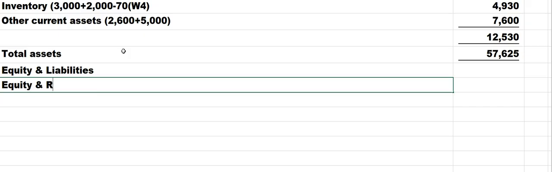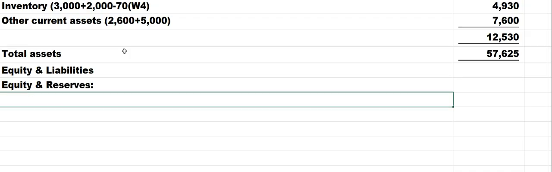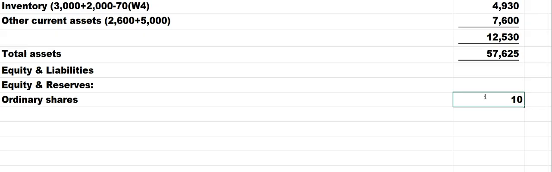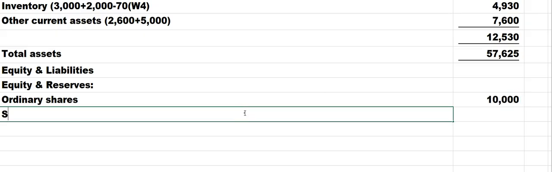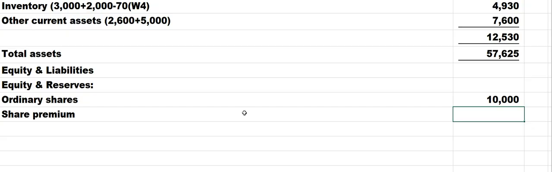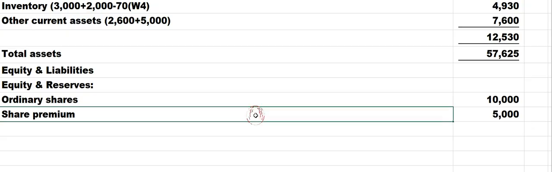Equity and reserves. Here we have the ordinary shares. We take that of the parent company, that's 10,000. Share premium of the parent, that's how much? It's 5,000.